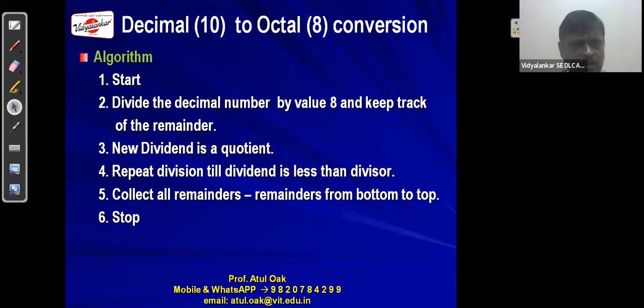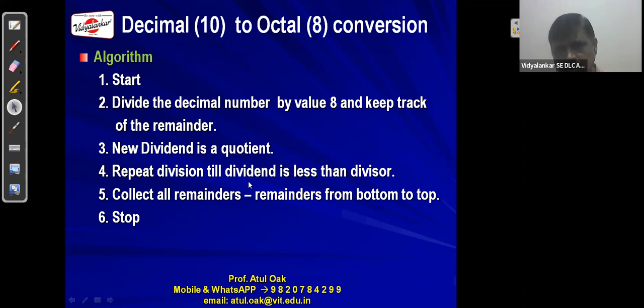You can see, start the algorithm: divide the decimal number by the value 8. In binary conversion, we used to divide by 2. Keep track of the remainder. The new dividend is the quotient.